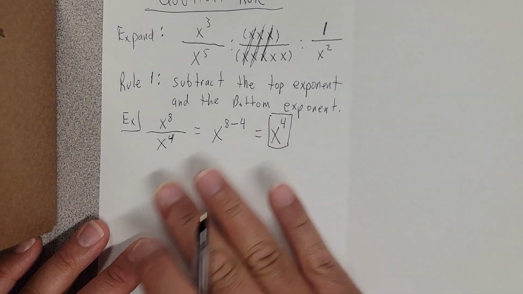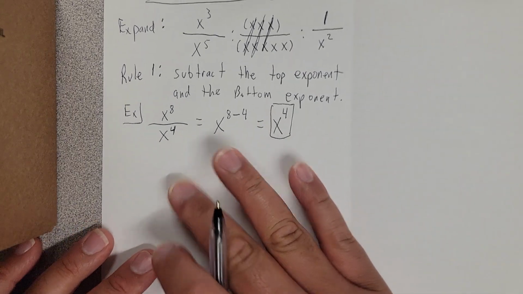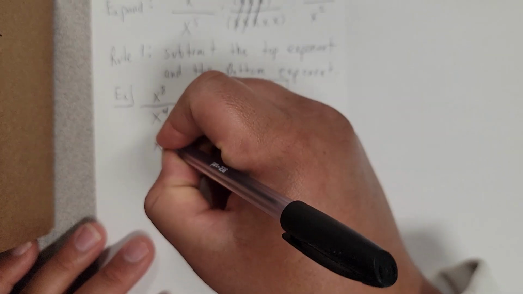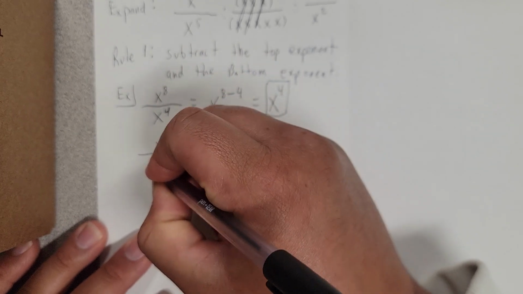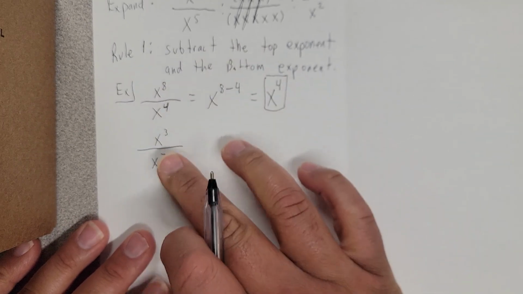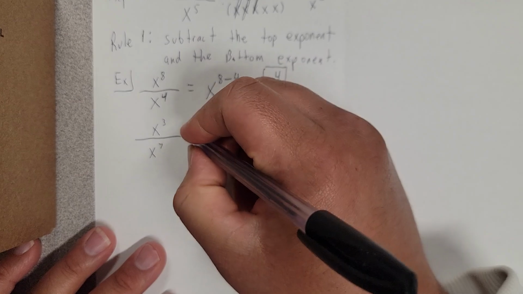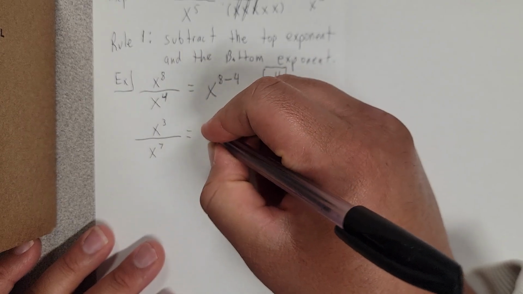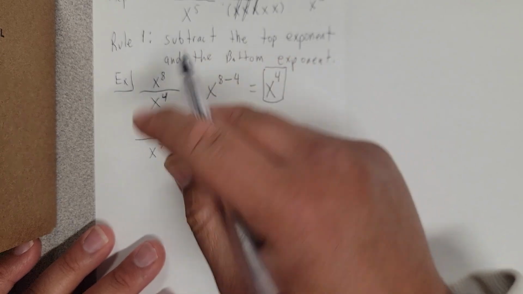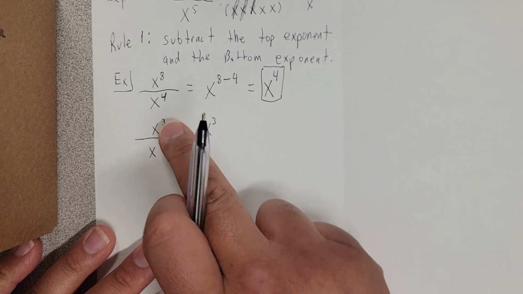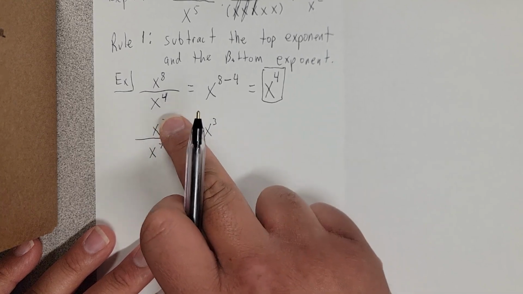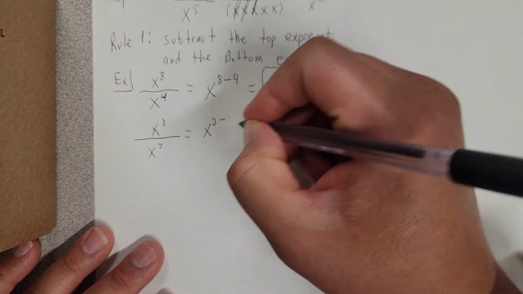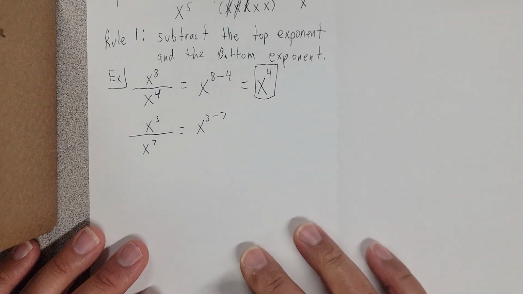Now, there's something a little bit different when you have something like this. If you put x to the 3rd divided by x to the 7th, let's try that. Now, if we have x to the 3rd, this top number has to go first. I know that's the smaller one, but the top number goes first, minus the bottom number.